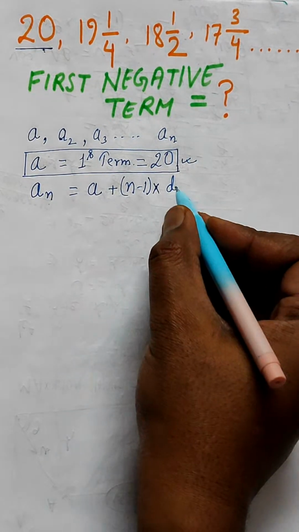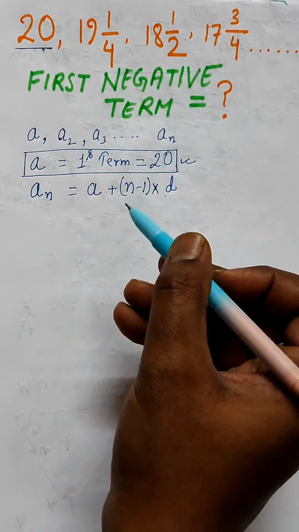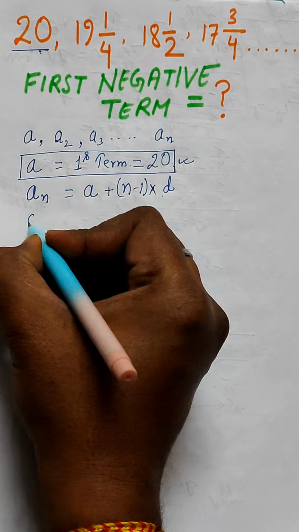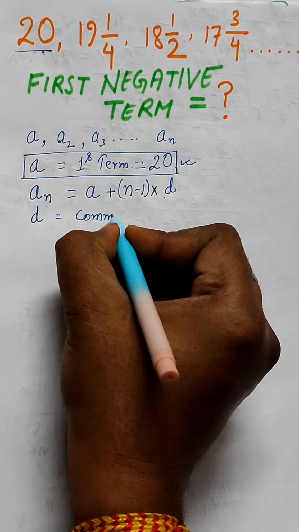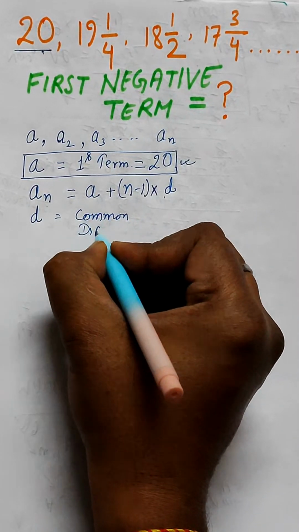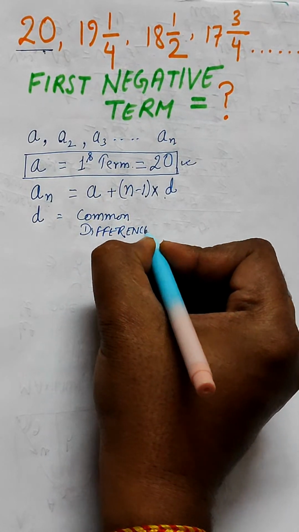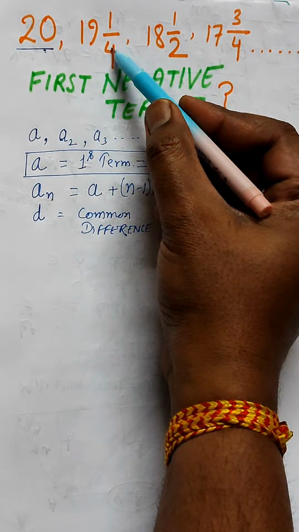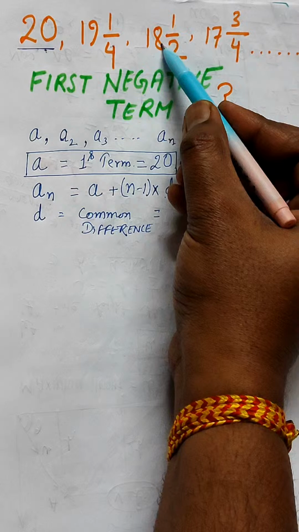Now let us calculate d over here because that is not given to you. You know how to calculate d? d is the common difference. That is calculated when you subtract any term from its subsequent term, right?